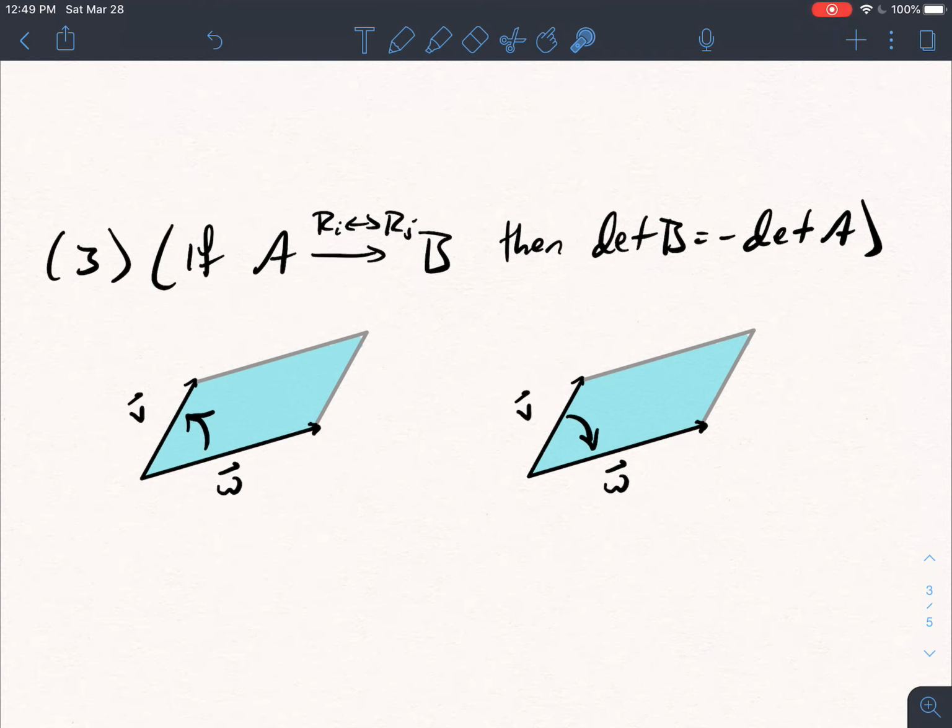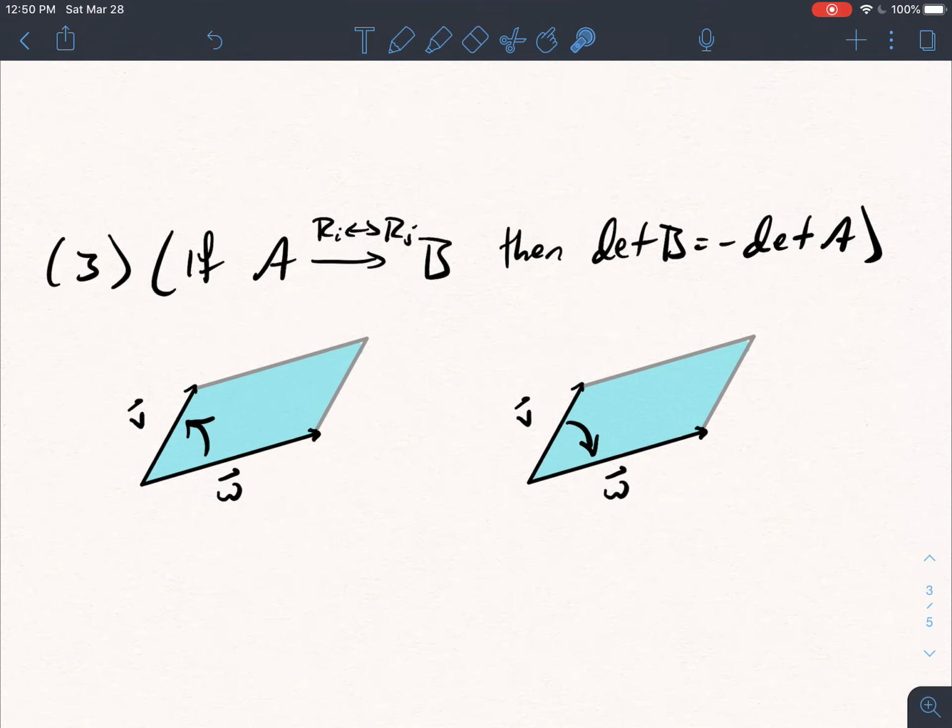Well, the answer is we can interpret area as being a signed area. Let's say that w is first in our ordering of these vectors and v is second. Then we would go from w to v in a counterclockwise way.